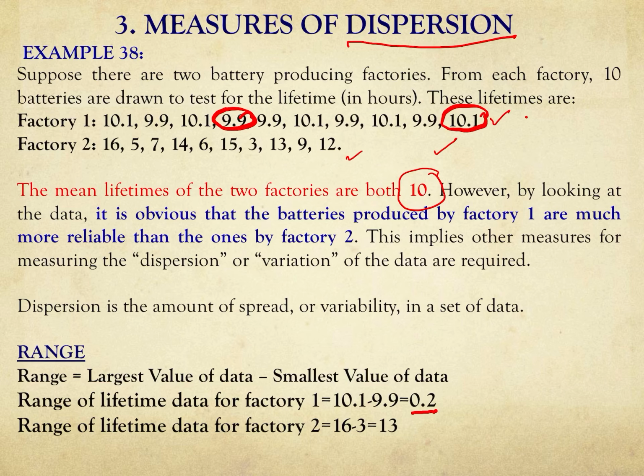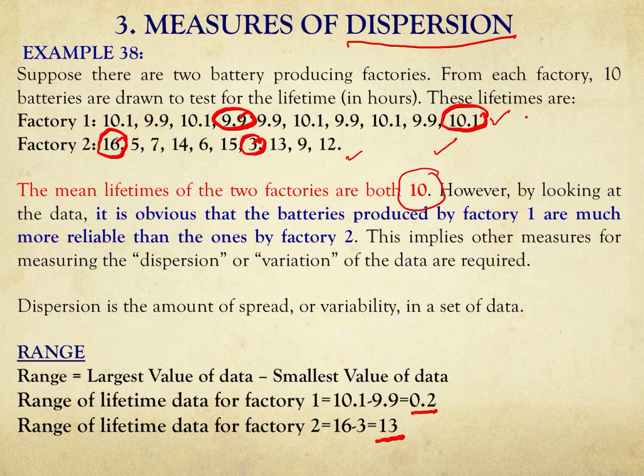Then do the same thing for factory 2. The smallest value is 3. The largest value is 16. So the range for that is 13. What does this tell us?